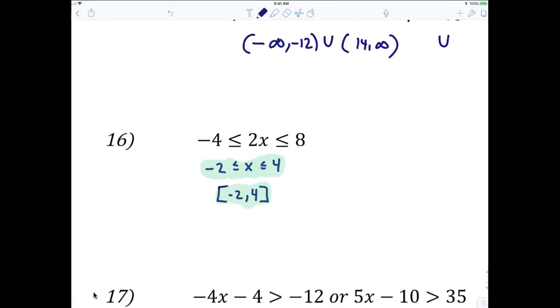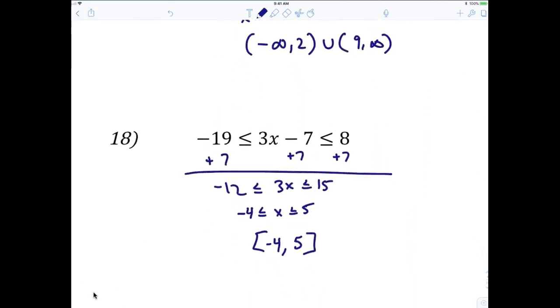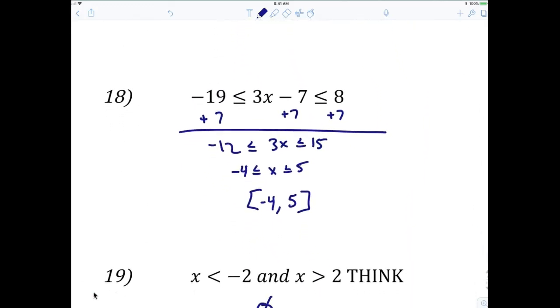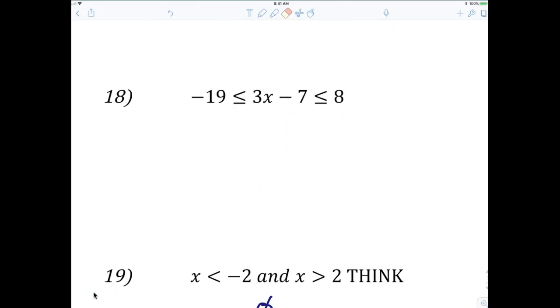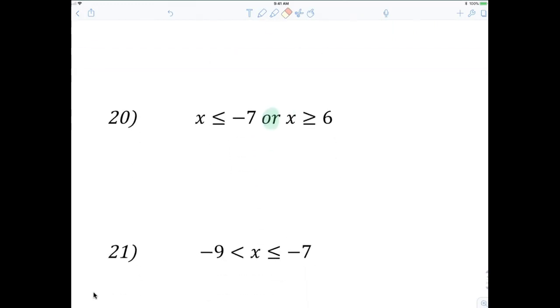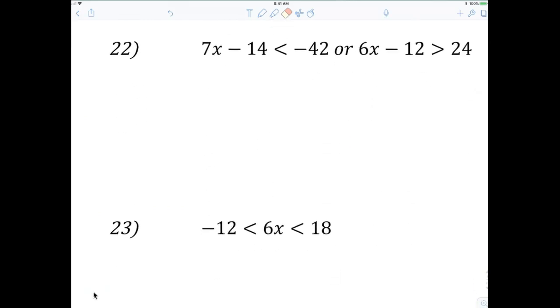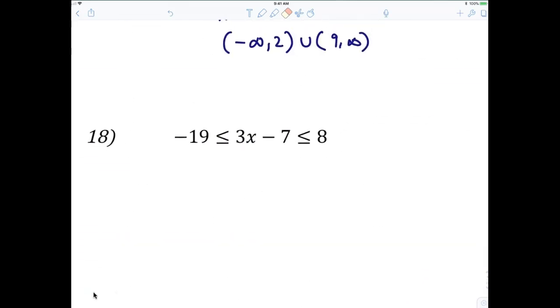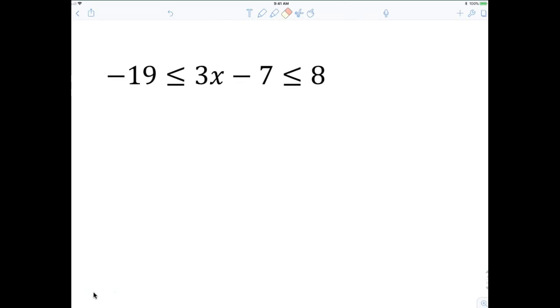All right. So let's everybody take a look at 18. I'm just going to go ahead and erase 18 because I think everybody should do 18. All right, everybody take a look at 18. Now for 18, what do I have to do to both sides? Add 7, right? So when you add 7, you'll get negative. Everybody okay with that?